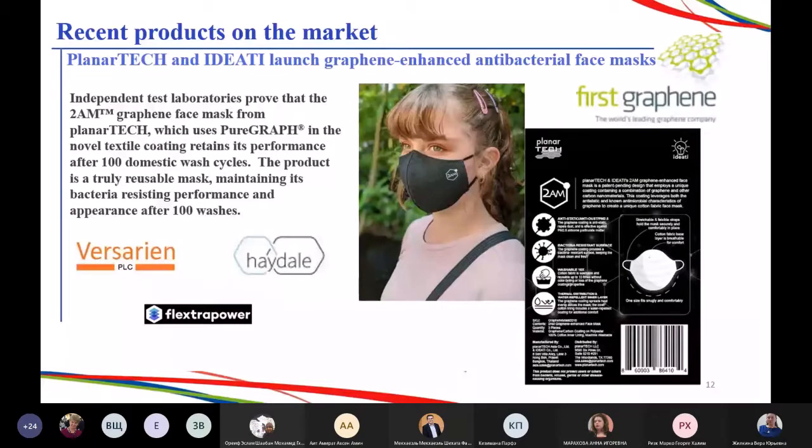And the graphene mask is one of the available graphene products on the market. It's composed of 3 layers, 2 layers of cotton sandwiching a proprietary graphene textile blend, which is the middle layer that may increase protection against COVID-19 and other dangerous airborne viruses.